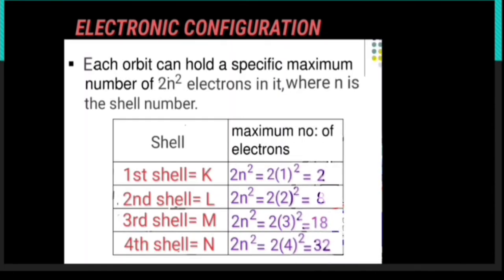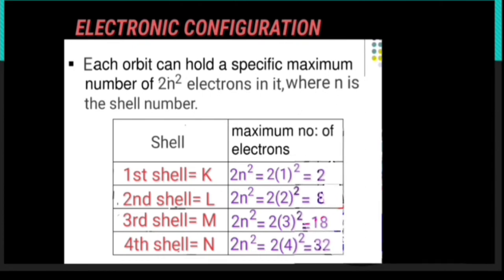Each orbit can hold a specific maximum number of 2n² electrons in it, where n is the shell number. First shell K, here the maximum number of electrons accommodated is 2, where n is equal to 1.